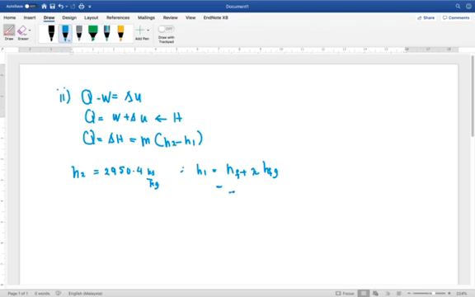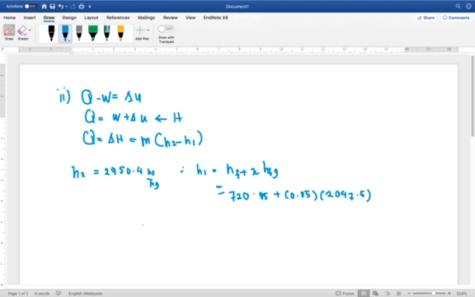So I will get hf as 720.85, plus 0.85 times hfg, which is 2047.5.